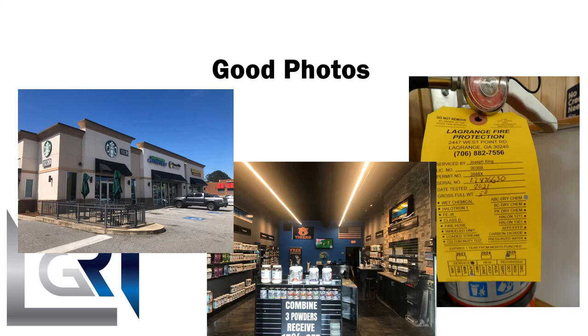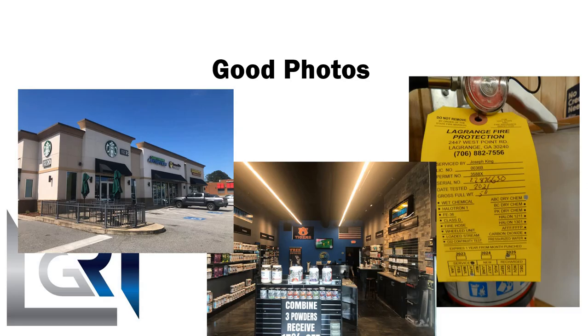To the right photo, you see a yellow service tag of a fire extinguisher. If you look at the top bottom, there's a little green indicator. I can see that it is in the green, which is good. I also can see which service company, in this case LaGrange Fire Protection in West Point, serviced this fire extinguisher.